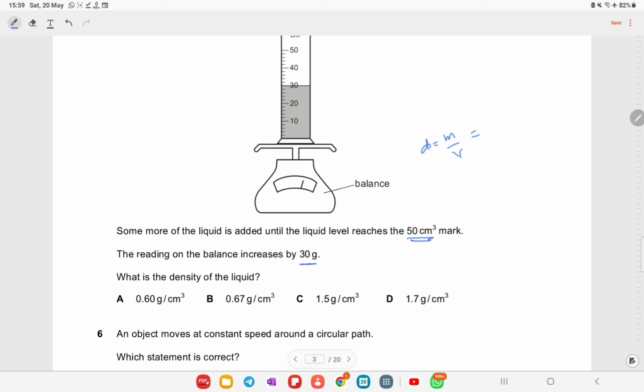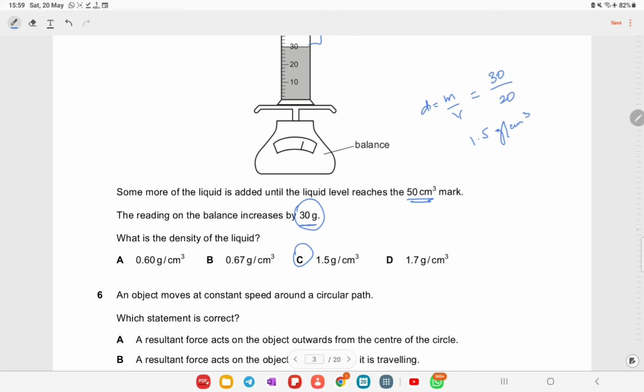Here the mass is 30 grams, and the volume is 50 minus 30, because this is the actual volume of liquid added. So it's going to be 1.5 grams per centimeter cube. So option C is your right answer.